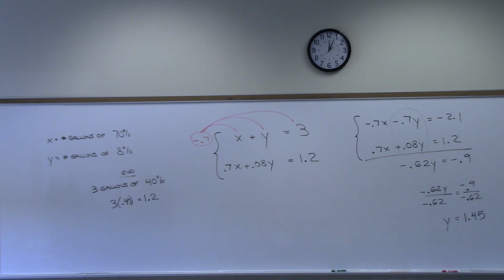Yeah, 1.45? And once you know y, you can go get x. To get x, I'll use that first equation. x plus y is 3. And I know that y is 1.45. Subtract 1.45, you should get 1.55.